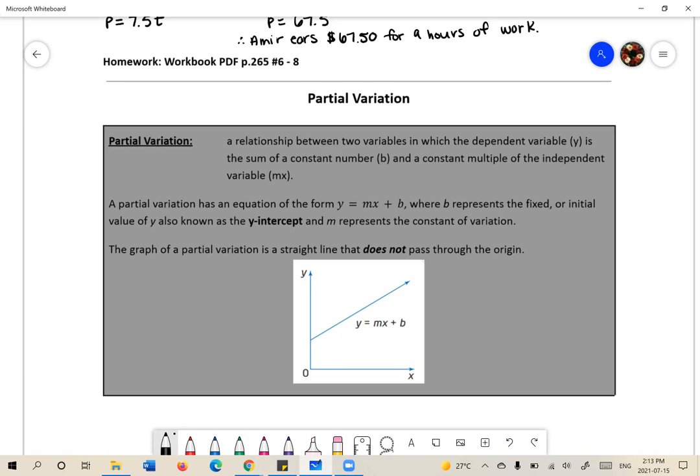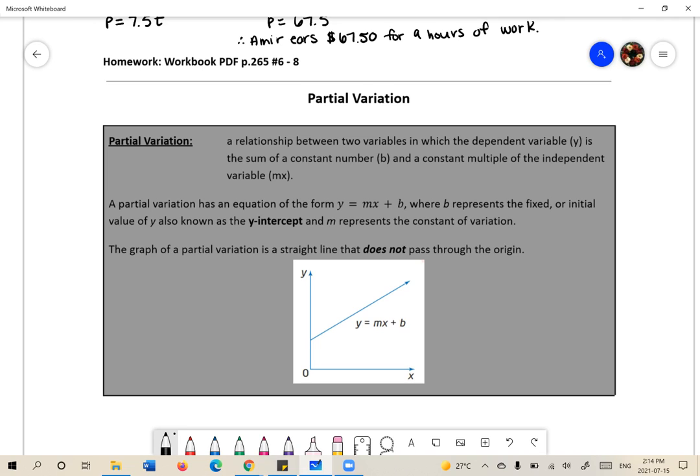Partial variation. A relationship between 2 variables in which the dependent variable is the sum of a constant number and a constant multiple of the independent variable. A partial variation is an equation in the form y is equal to mx plus b, where b represents the fixed or initial value of y, also known as the y-intercept, and m represents the constant of variation.